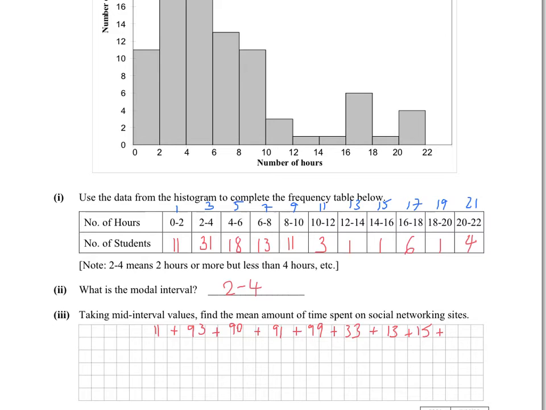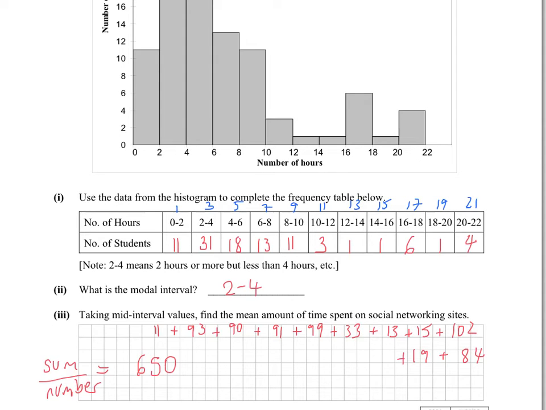17 times 6 is 102, 19 times 1, and 21 times 4. That as a total sum gives us 650. What I want to do is take my sum and divide it by the number of values.